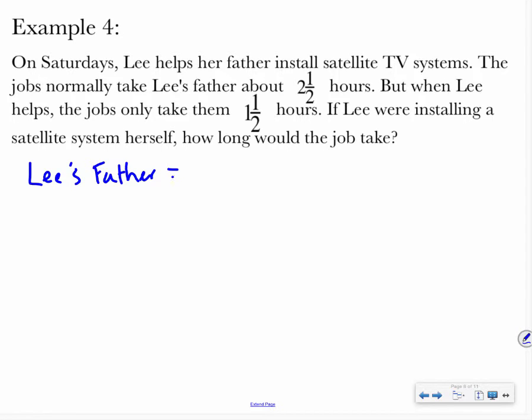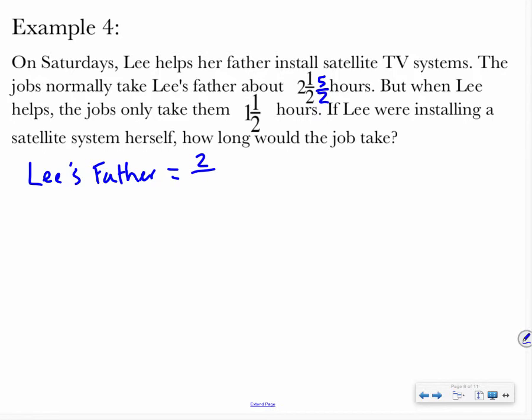If it takes him 2.5 hours to finish a job, if I split that up into an improper fraction, that becomes 5 halves. And how many of those parts are done in 1 hour? There'd be 2 of them.